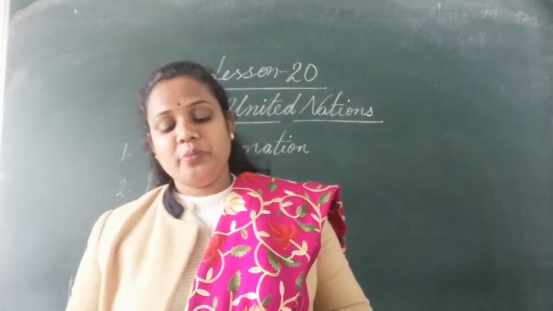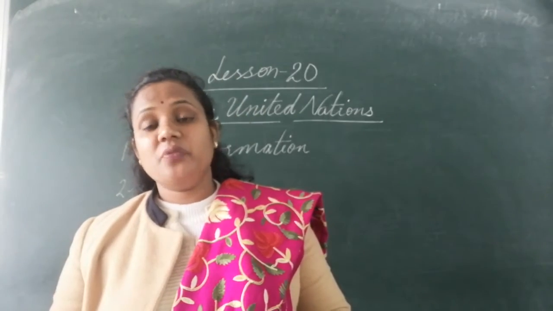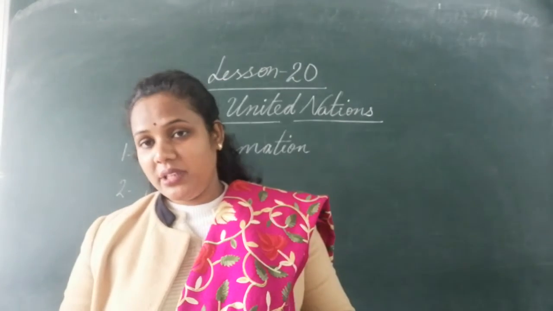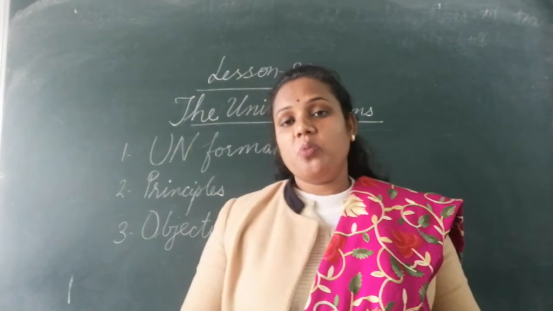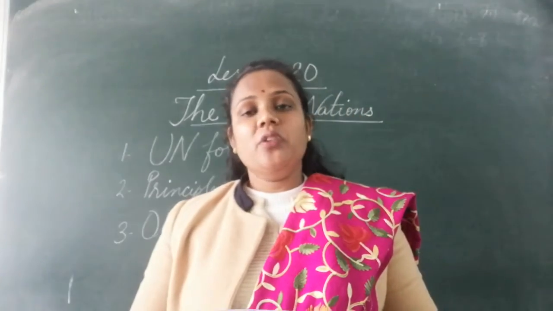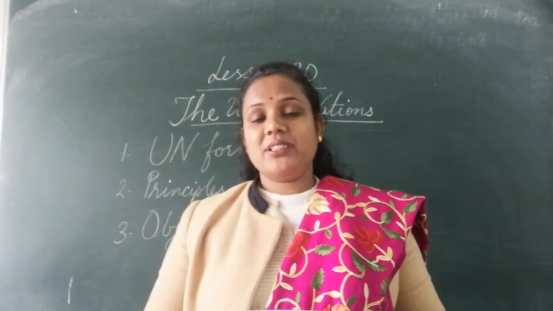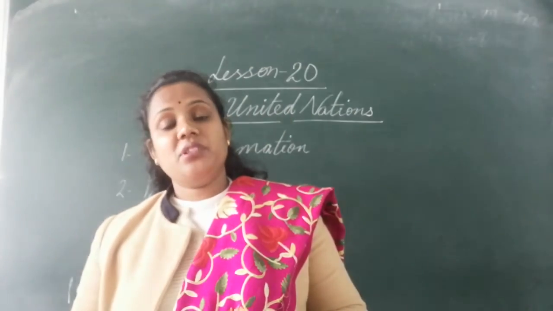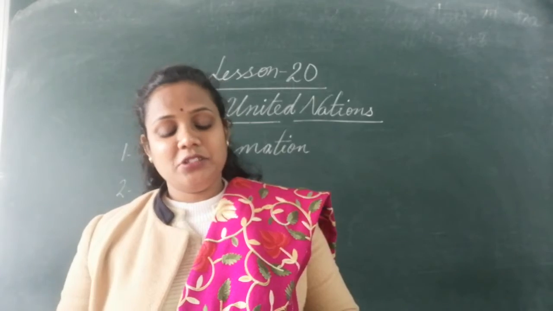Its aim was to maintain peace in the world, so that there is no more war. But this League of Nations, which was formed after the First World War, proved to be a weak body and could not do much.